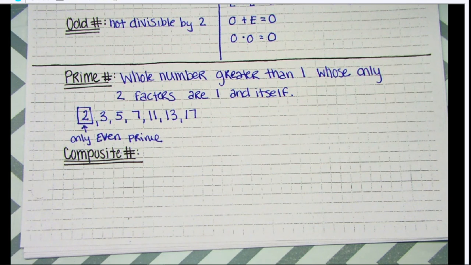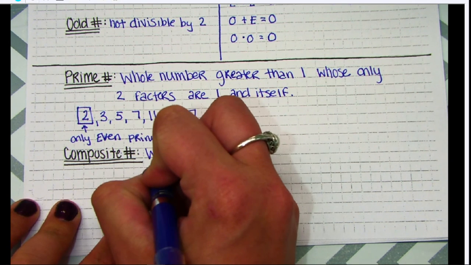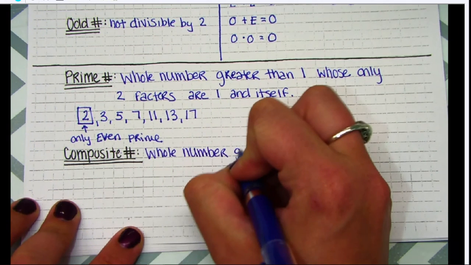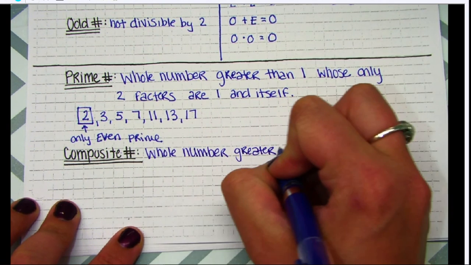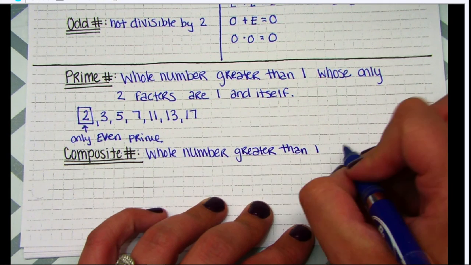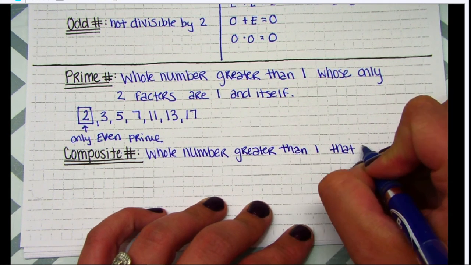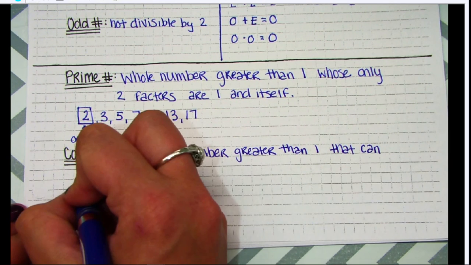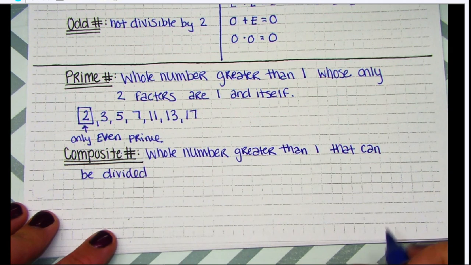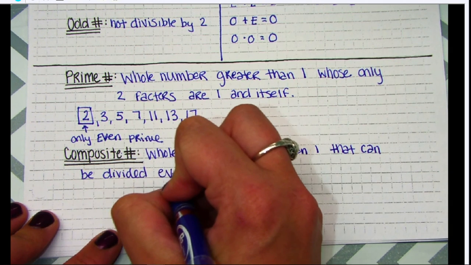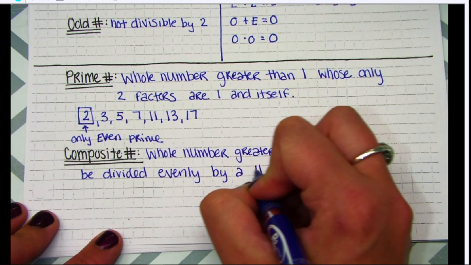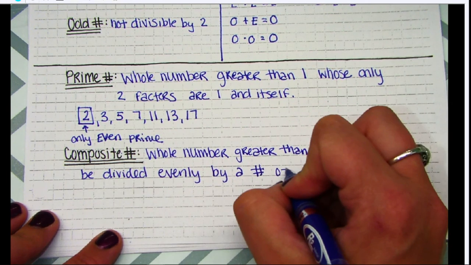So a composite number is a whole number greater than 1 that can be divided evenly by a number other than 1 and itself.